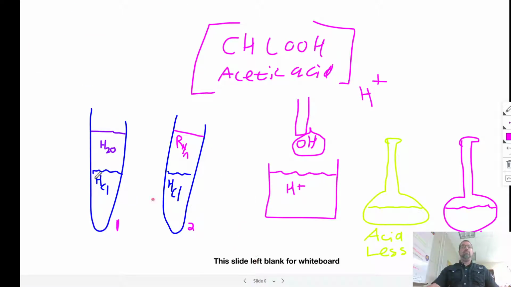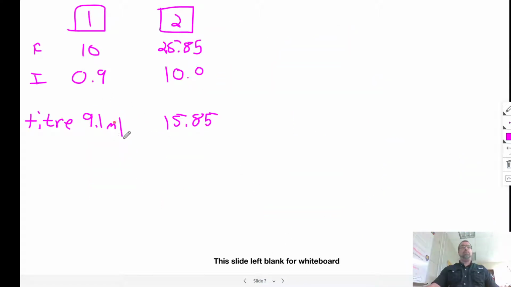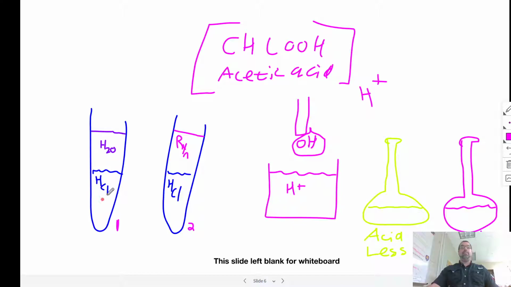So going back here, we know that test tube 1, this amount of HCl takes 9.1 milliliters. Okay? And that means that any extra that we added on top of that 9.1 was to cancel out the acid that we made in the reaction.